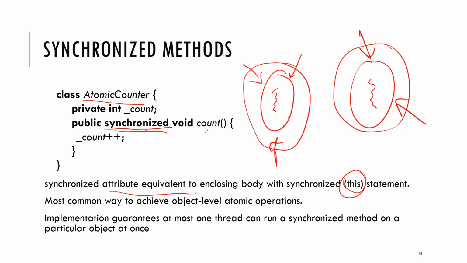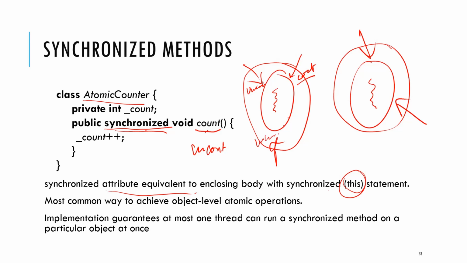And besides, if this thread is accessing the method count, and if you have another function called uncount, let's say, nothing prevents those two from calling uncount, unless they are waiting on count, so they can call uncount at the same time.